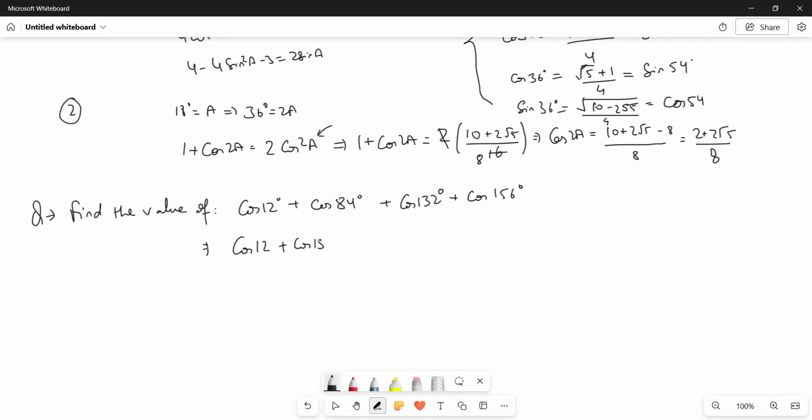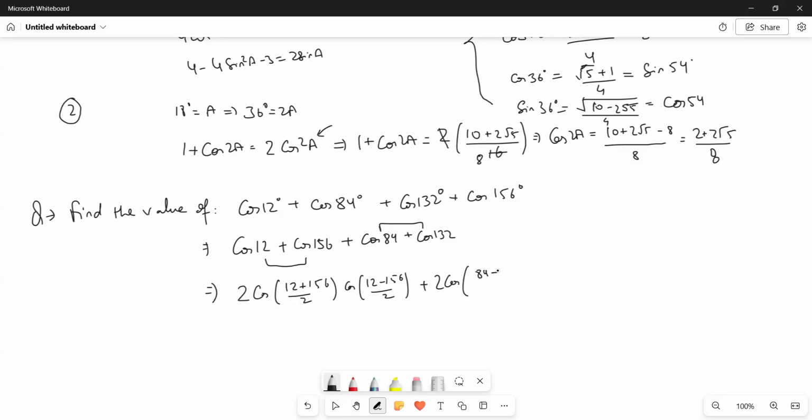Cos 12 plus cos 156 plus cos 84 plus cos 132. Now pairwise apply cos C plus cos D. What is the formula for cos C plus cos D? 2 cos C plus D by 2 cos C minus D by 2, and same thing over here. So 2 cos 84 plus 132 by 2 into cos of 84 minus 132 by 2.